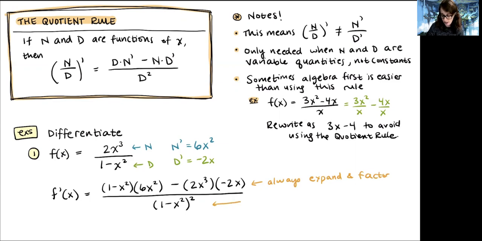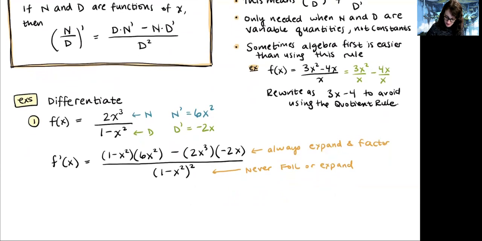In the denominator, you never want to expand this out. In this case, FOIL. Never FOIL or expand. In general, you're never going to want to do that. A factored denominator is the best denominator to have, and this is already nice and factored, so we can leave it as it is.